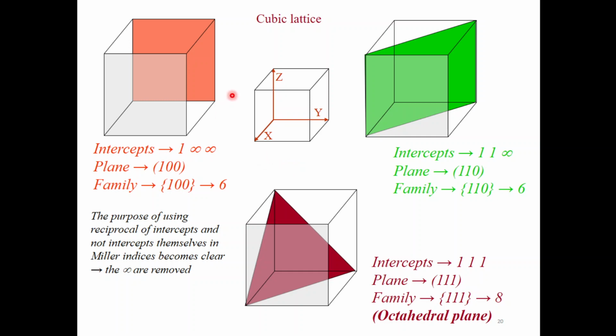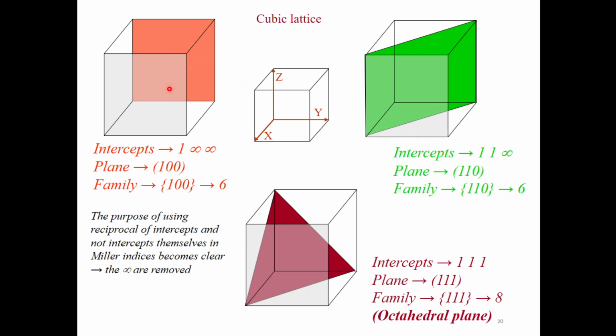But remember, the crystal structure is cubic. The crystal structure is cubic and the planes are different. So this is a model cubic structure. The x-axis is along this, y-axis is towards right, and the z-axis is upward, right? Now first consider this plane.